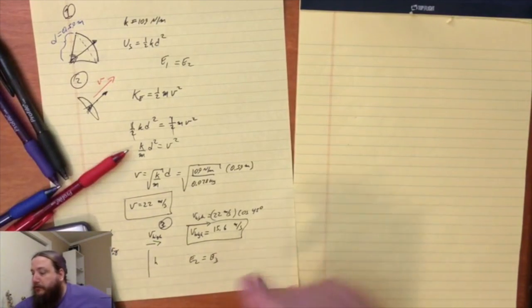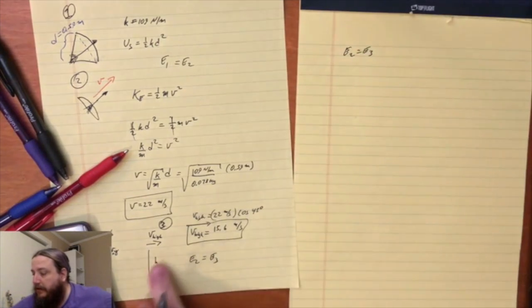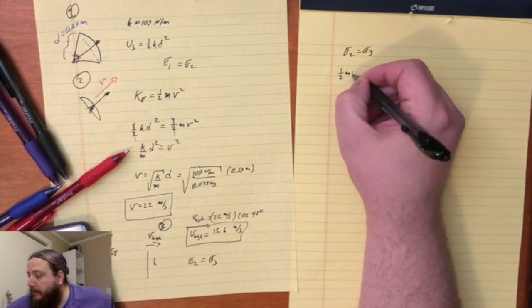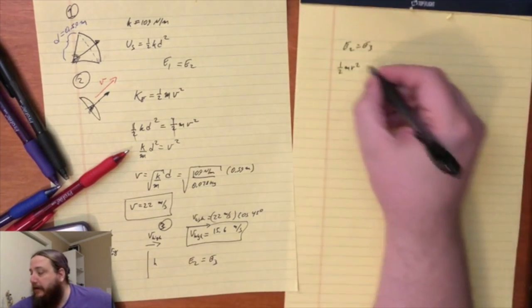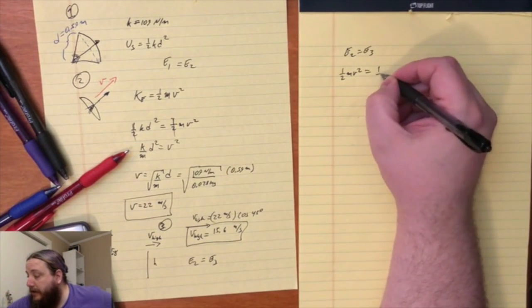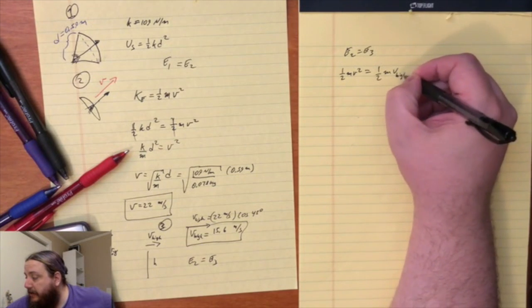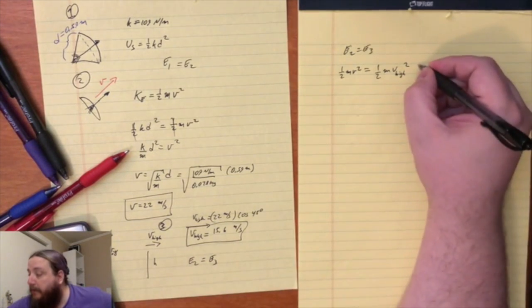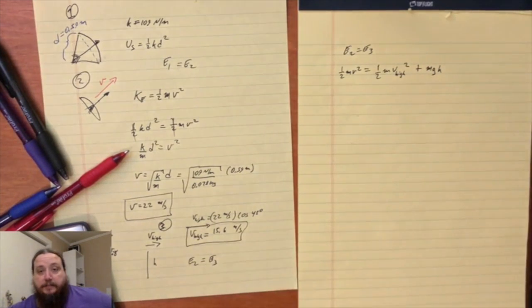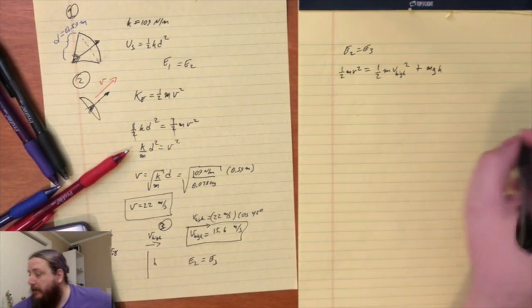The energy at moment 2 is 1/2 mv squared, and the energy at moment 3 is 1/2 m v high squared plus mgh, the height we are above the ground.